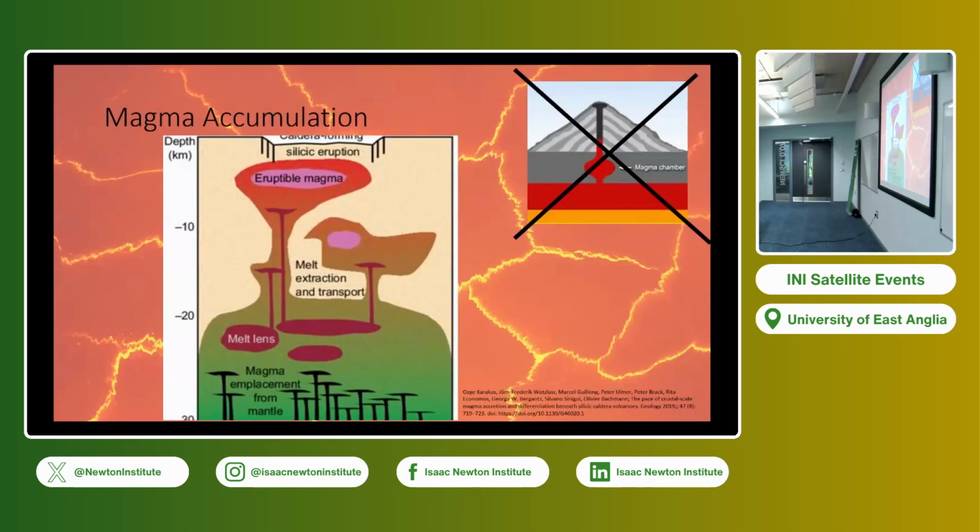So what happens underneath a volcano? Well, this is a cartoon that, if you think back to your GCSEs, you may have learned about a magma chamber. We don't call it a magma chamber anymore. Sometimes we still model it as a nice spherical bubble, but that's not actually what's going on under the ground. This is more what's happening.